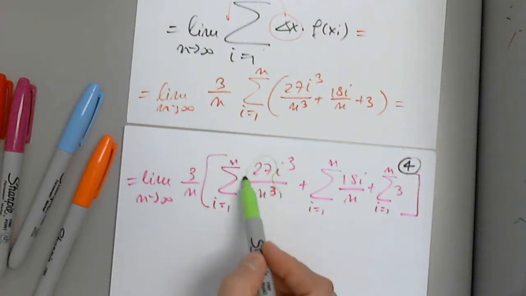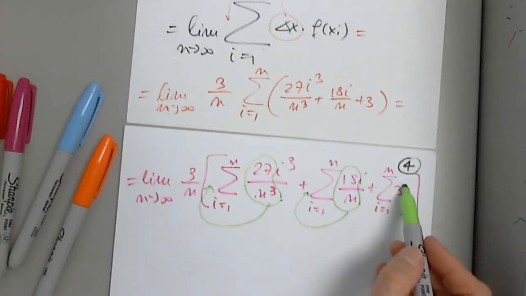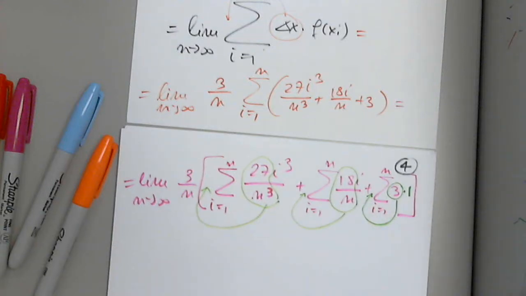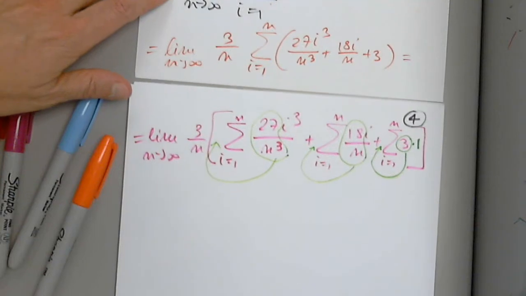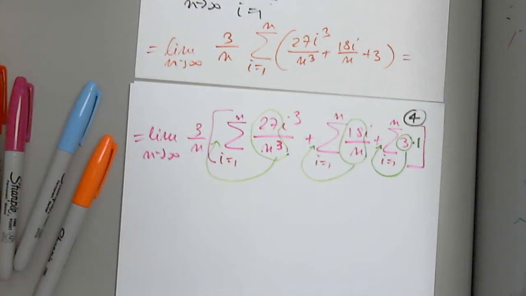So this piece goes in front because it's a constant, it's a factor, and it does not depend on i. And this, which is 3 times 1, this number goes in front. Is everyone okay so far? Any questions?